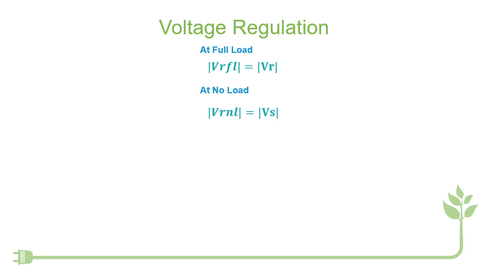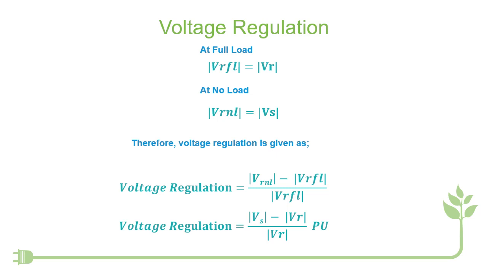Therefore, voltage regulation is equal to the voltage at the receiving end at no load minus the voltage at the receiving end at full load, over the voltage at the receiving end at full load. Or, simply, voltage regulation is equal to the voltage at the sending end minus the voltage at the receiving end, over the voltage at the receiving end, per unit.